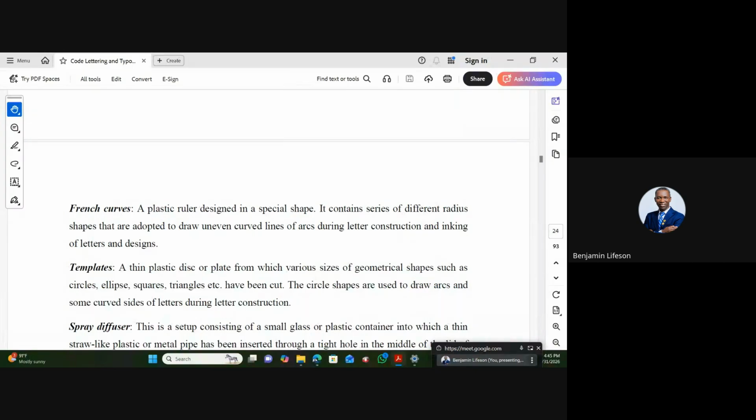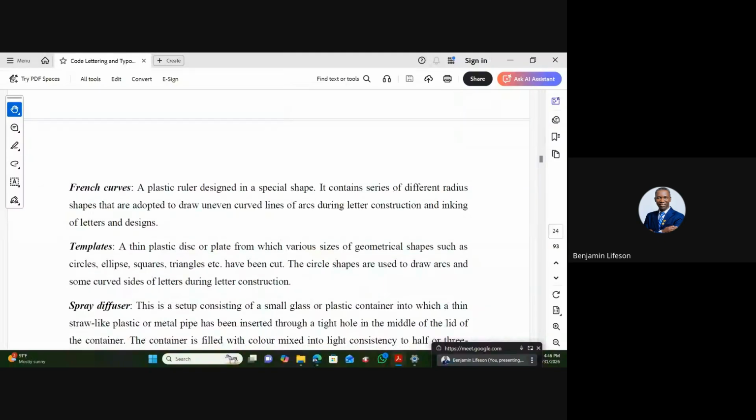So I am putting what a French curve is on the platform for you to see. So we are looking at French curve. Let me first and foremost give you the French curve. If you're not on the platform, try as much as possible to be on the platform for your own good.